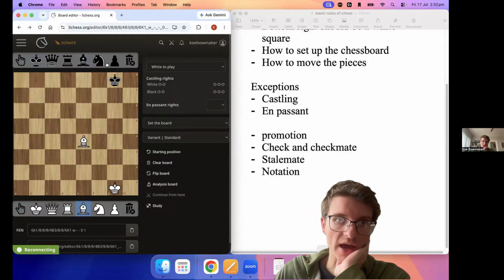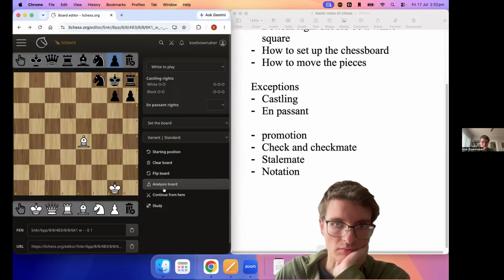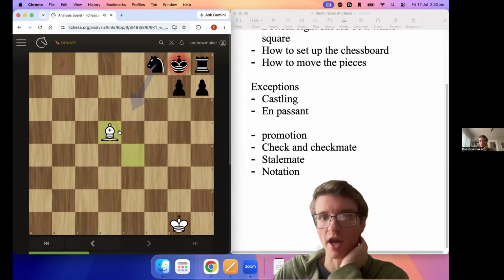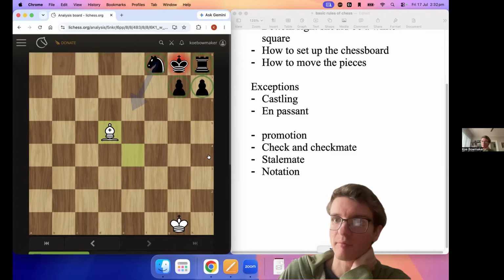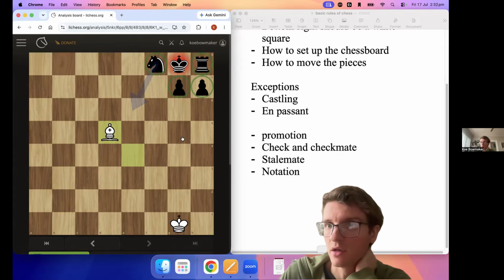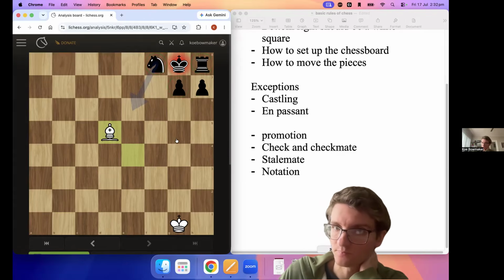So let's imagine that there's pieces in the way. So that's check, and the king cannot move. See, all these 4 squares that we had to move to have been taken up by black's pieces.